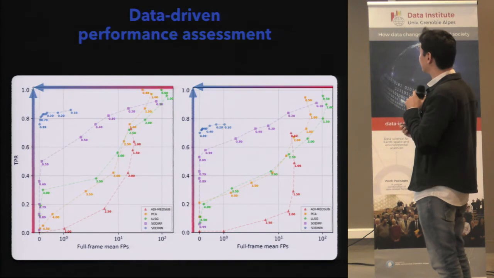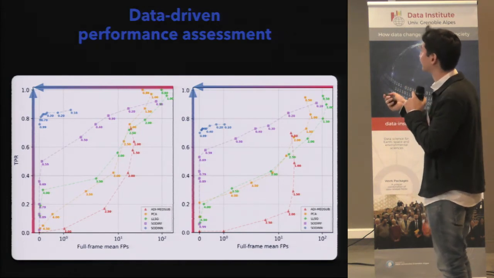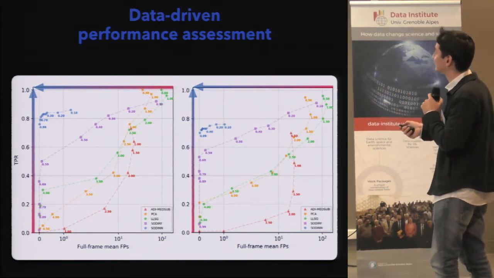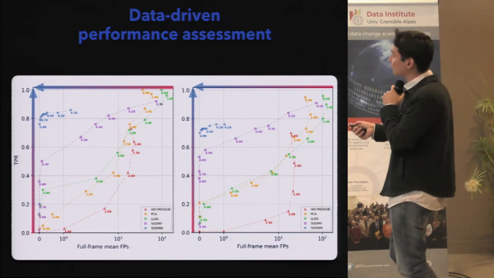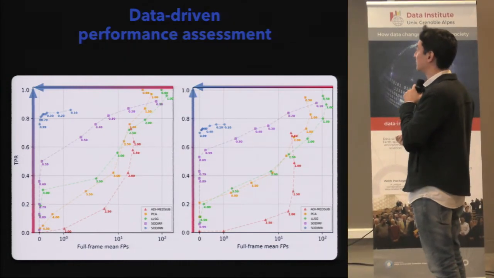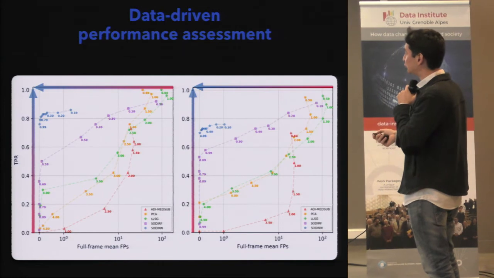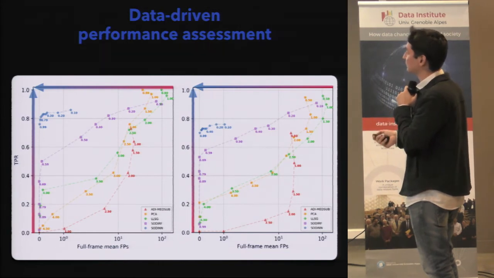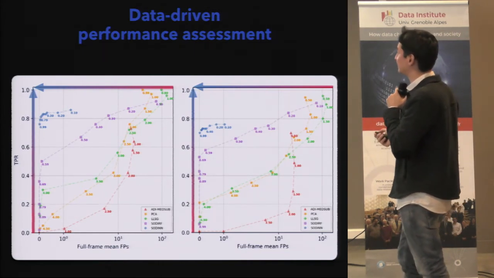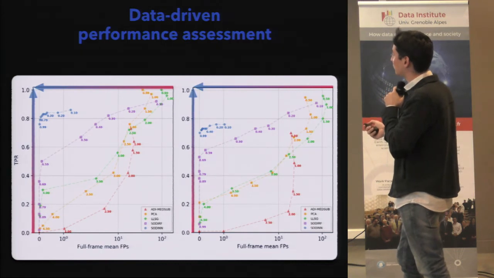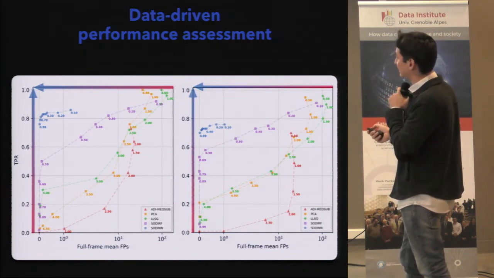So we use statistics or signal detection theory metrics, in this case ROC curves, receiver operating characteristic curves, to assess the performance of our binary classifiers. And the important point here to see is that the closer we are to this corner, the better.